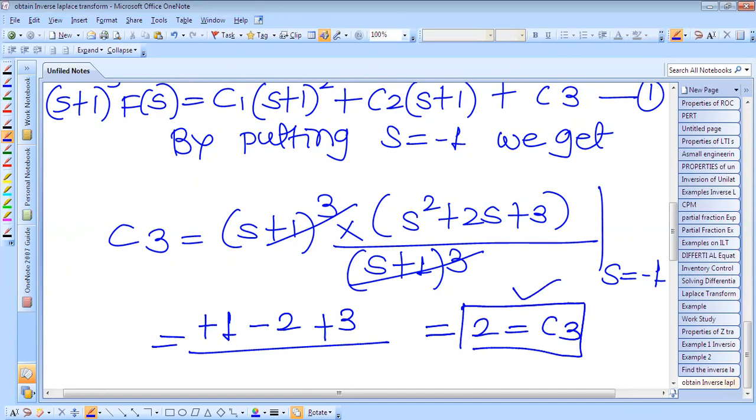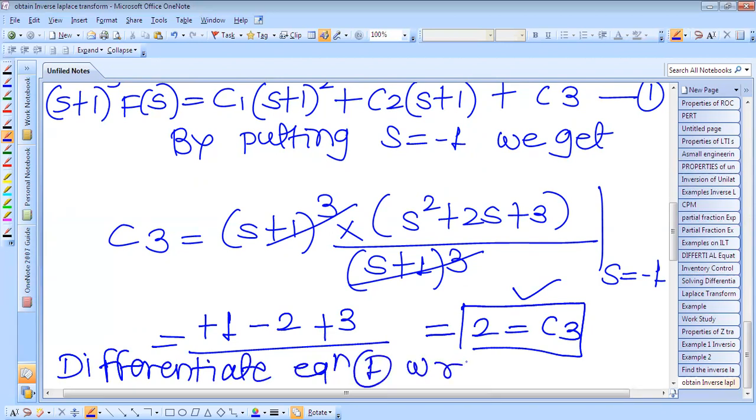Now we have to find c1 and c2 again, so we differentiate equation 1 with respect to s.